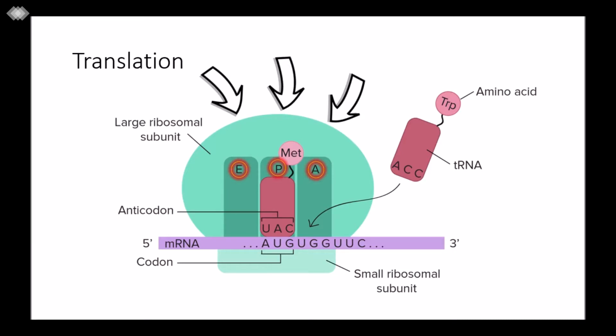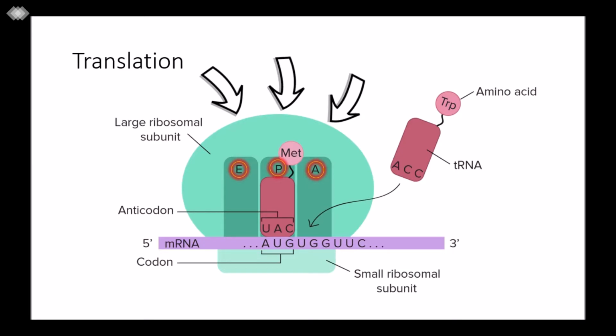And after this happens, translocation will occur, in which the tRNA within the P site will be shifted over to the E site, where it will exit the ribosomal subunits and pick up the same amino acid from the cytosol and continue to build.